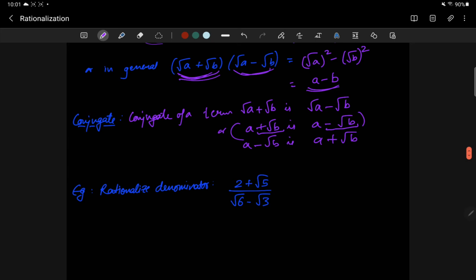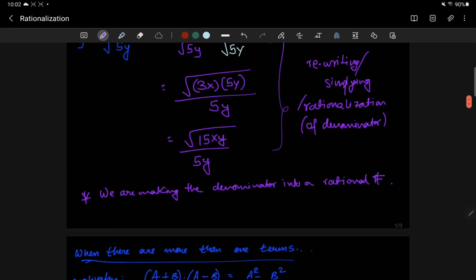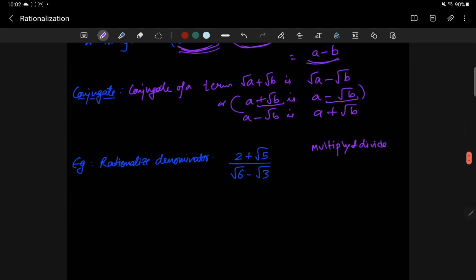So to rationalize the denominator, what we do is we multiply and divide, just as before. Here, instead of multiplying and dividing by the denominator, we want to use this identity, so we multiply and divide by the conjugate of the denominator.